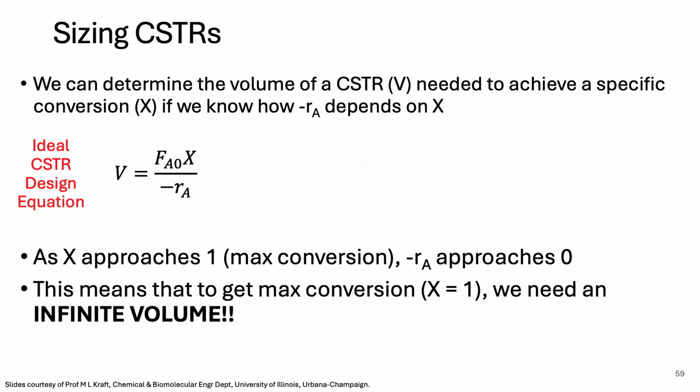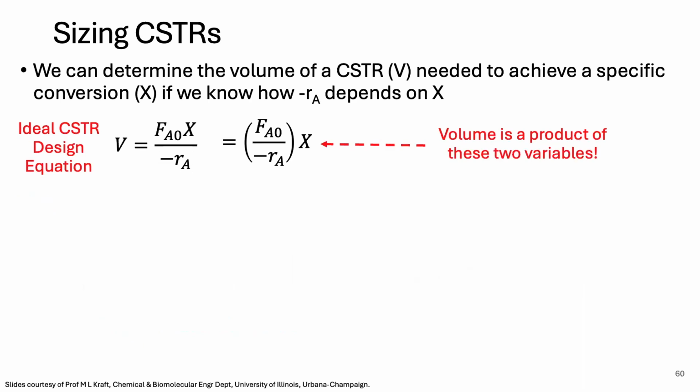Okay, so full conversion or maximum conversion in this case would be something we would like to approach, but it may not be feasible to actually achieve full conversion in a flow reactor, including in a CSTR. But what we can do is determine the volume that we would need to achieve a specific conversion less than 1, again, if we know how our reaction rate depends on X.